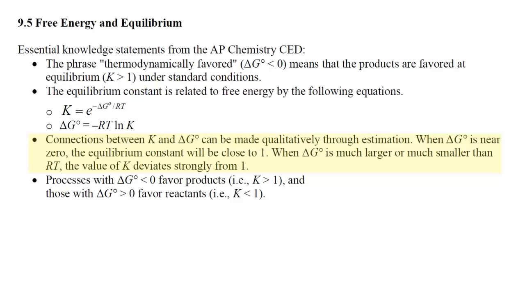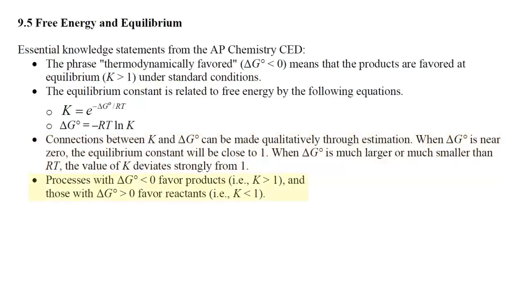Connections between the equilibrium constant K and delta G can be made qualitatively through estimation. So when delta G is near 0, the equilibrium constant will be close to 1. And when delta G is much larger or much smaller than the value RT, then the value of the equilibrium constant K deviates strongly from the number 1.